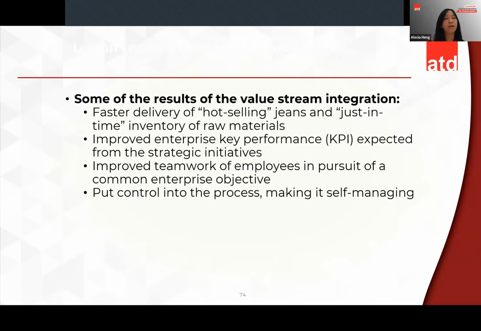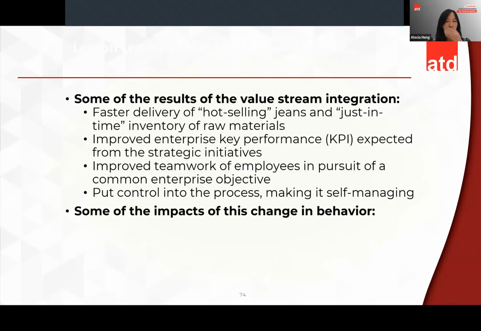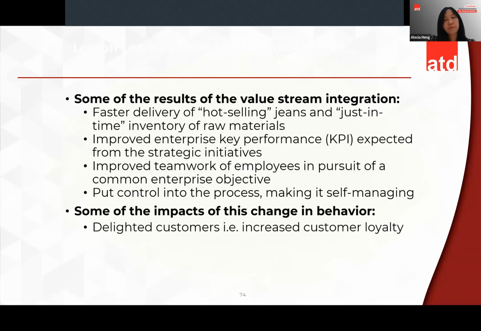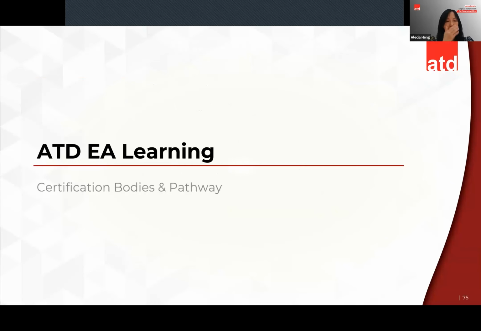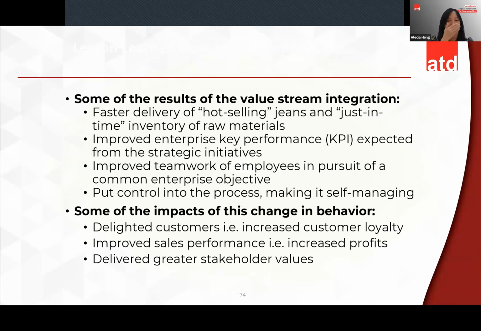It increases the KPI, and it also motivates the staff, and gives a better management of their business process. So some of this impact, at the end of the day, is happier customers, better profit, and better stakeholder value.